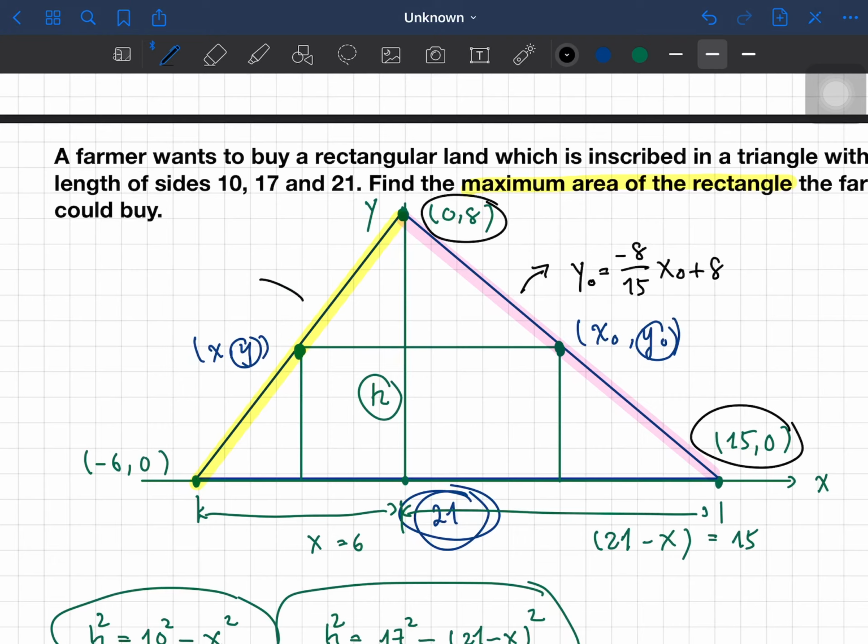On the other hand, we have here, with the help of (0, 8) and (-6, 0), y equals 4 over 3 x plus 8. Both must have the y-intercept plus 8. Okay, remember. And so we can express y in terms of x and also y naught in terms of x naught.